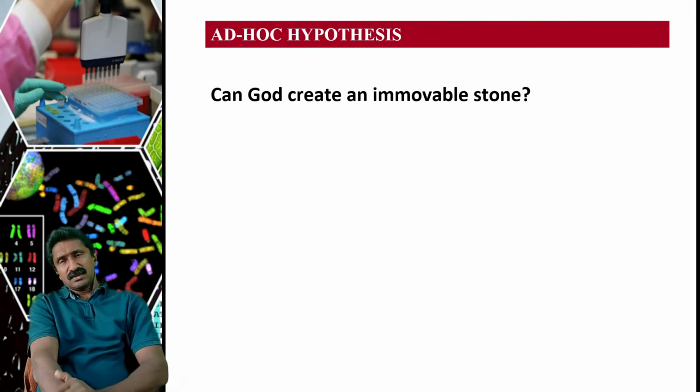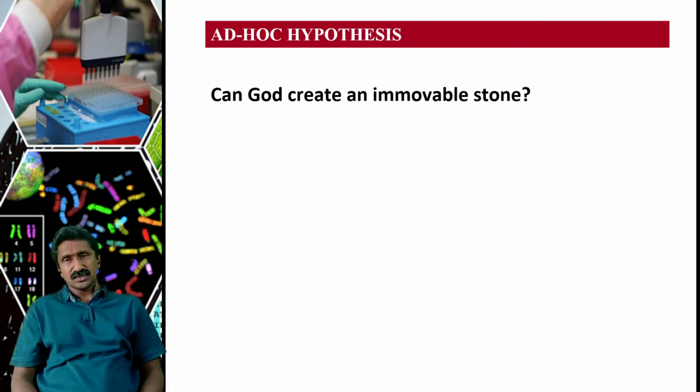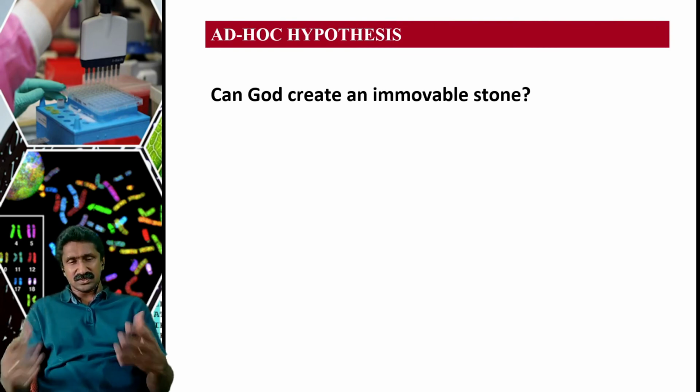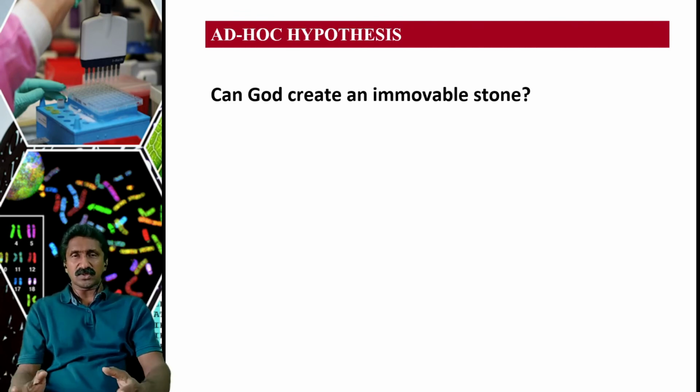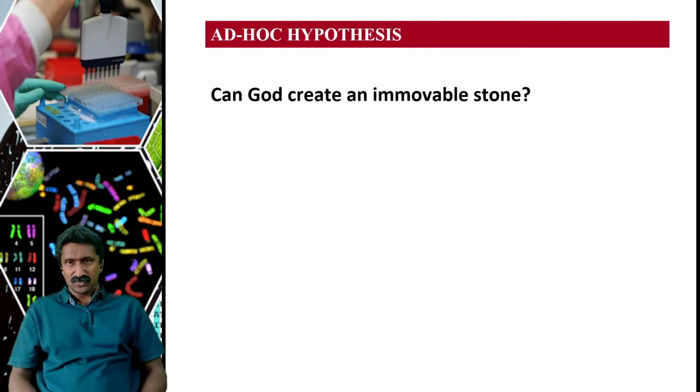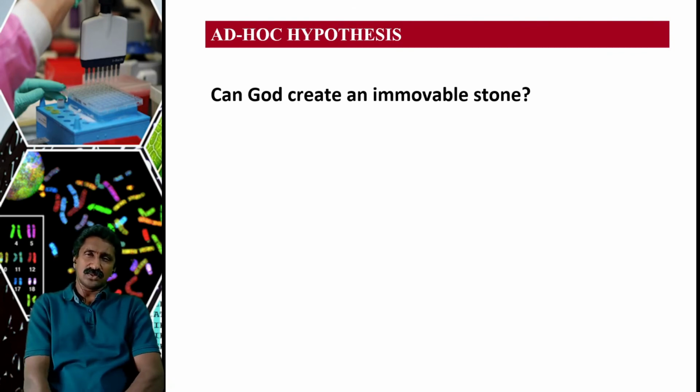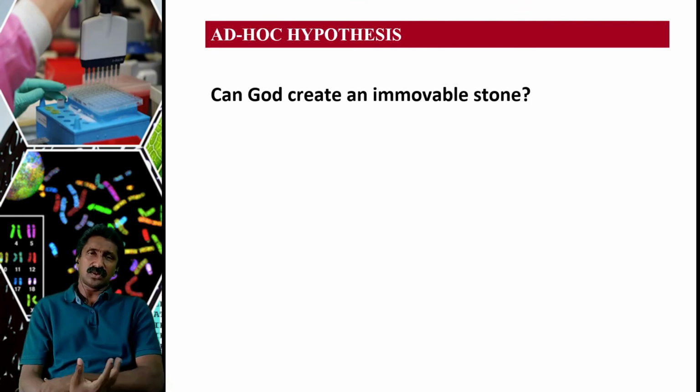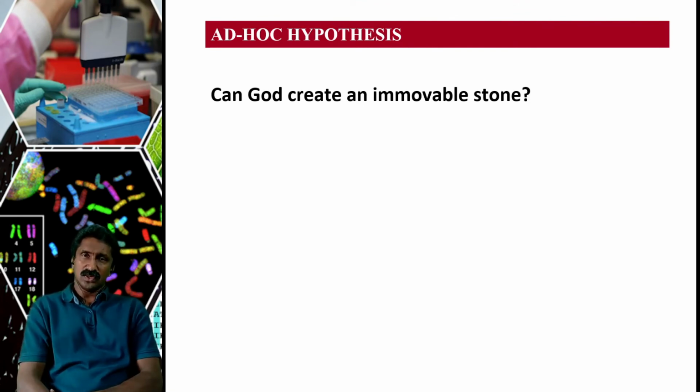Now, this is a simple statement actually, when we talk about some hypothesis, God is assumed to be omnipresent and omnipotent. Omnipotent means he can perform any task, anything. But some of the atheists are actually asking this question: can God create an immovable stone? So this is a contradictory statement.